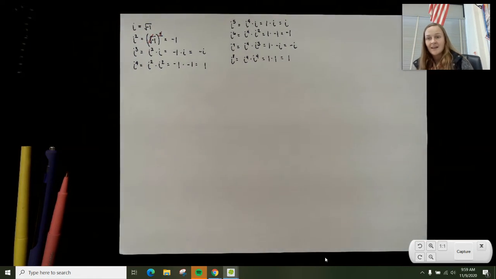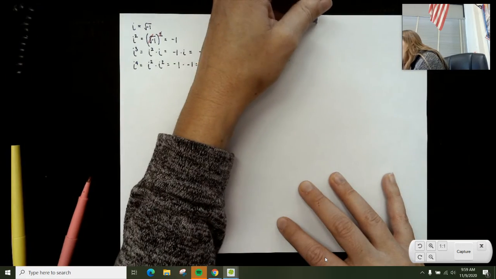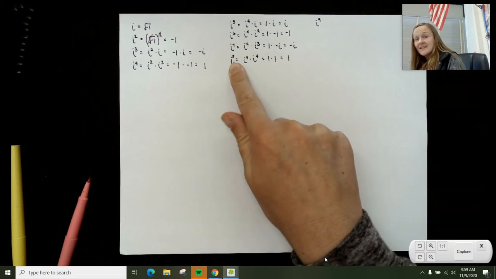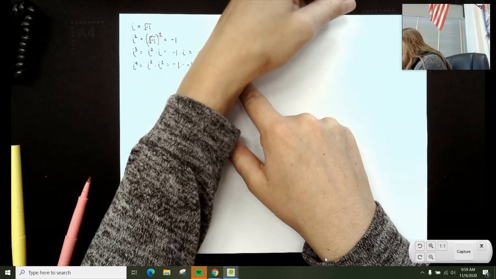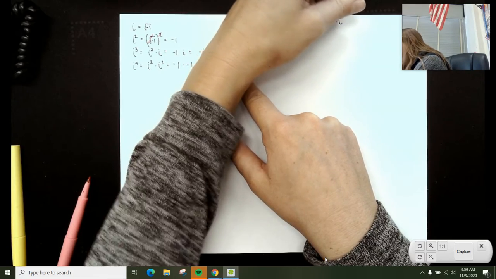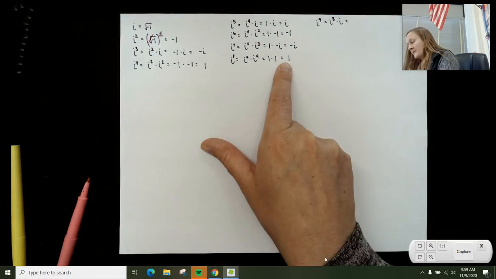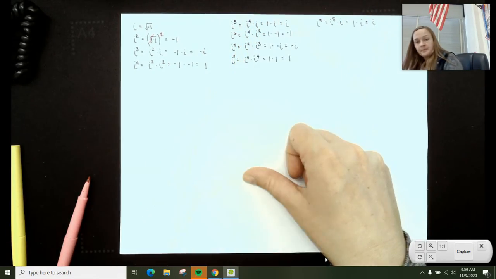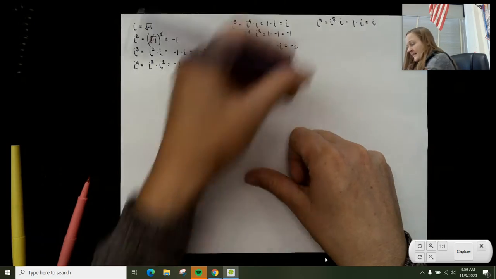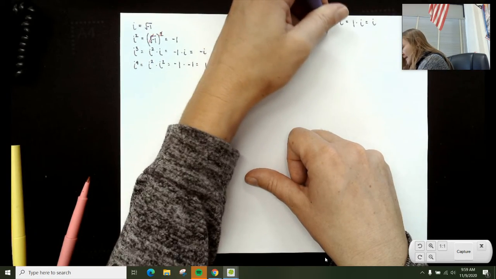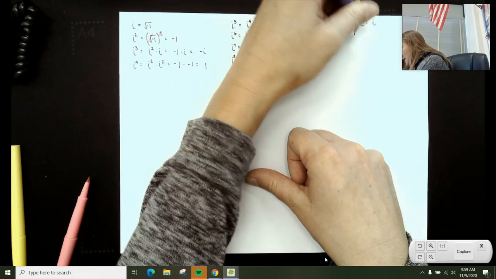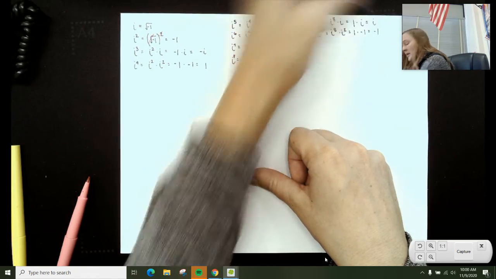So I'm going to go back and do this again with the next cycle. So if I've got i to the ninth, that's equal to i to the eighth times i, which is 1 times i, which is i. i to the 10th is equal to i to the 8th times i squared, which is 1 times negative 1, which is negative 1.